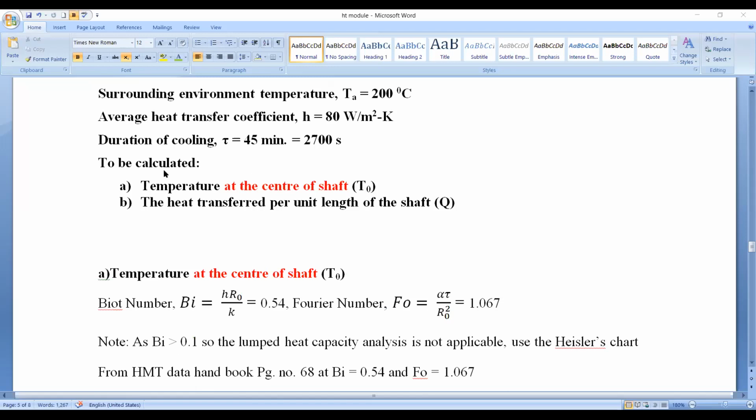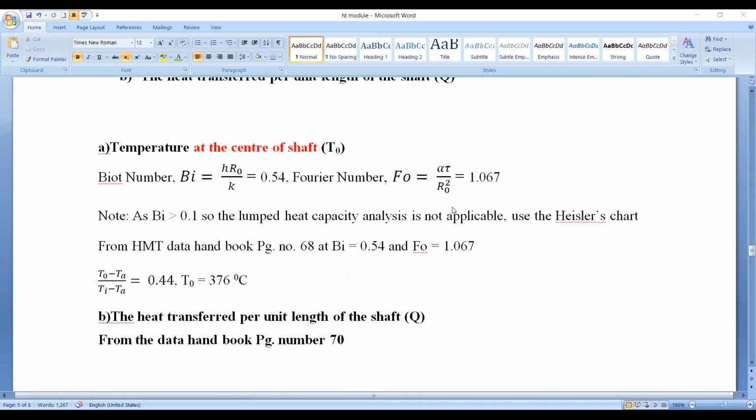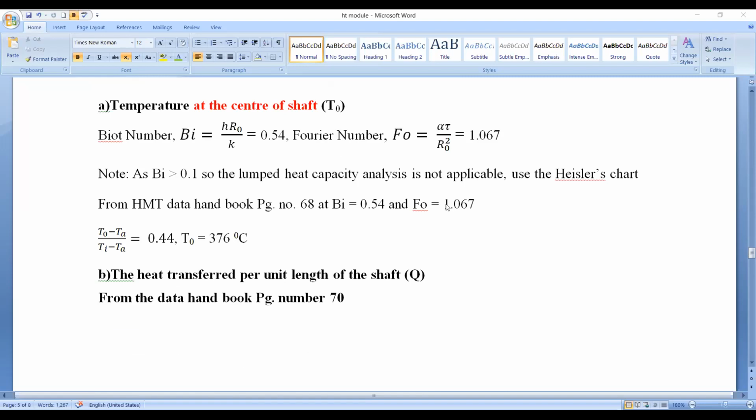So this problem has two parts. In the first part, we need to calculate the temperature at the center of the shaft, that is T naught, and the heat transferred per unit length of the shaft, that is Q. The very first step to solve any problem on transient heat conduction is to calculate the Biot number.